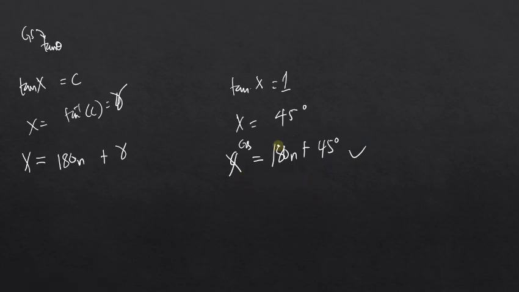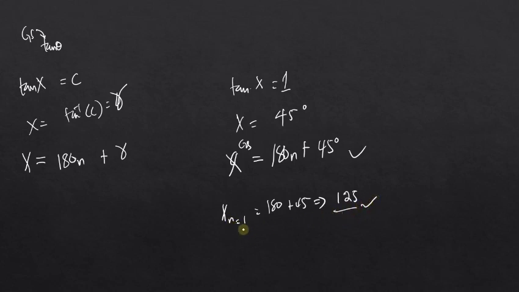To find the angles, you can just use any number. Let's say we have n equal to 1. So this will be 180 plus 45 degrees, and that should give us 225.